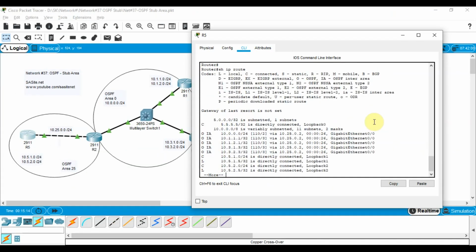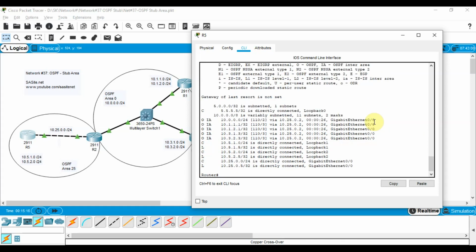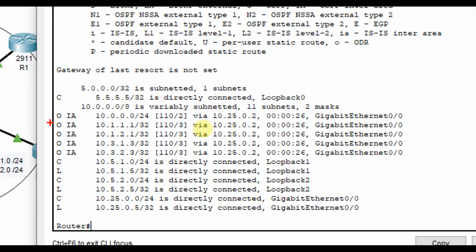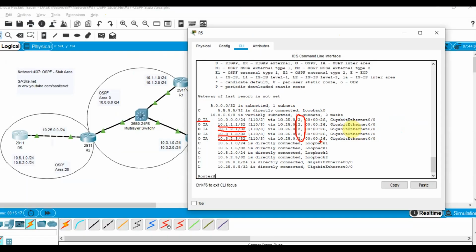Show ip route. Okay, good. We learned some inter-area routes because area 25 and area 0 are connected. So we know about the networks behind router 1, router 3, all of them learned via router 2. This is the beauty of the stub area, which is coming into the picture.